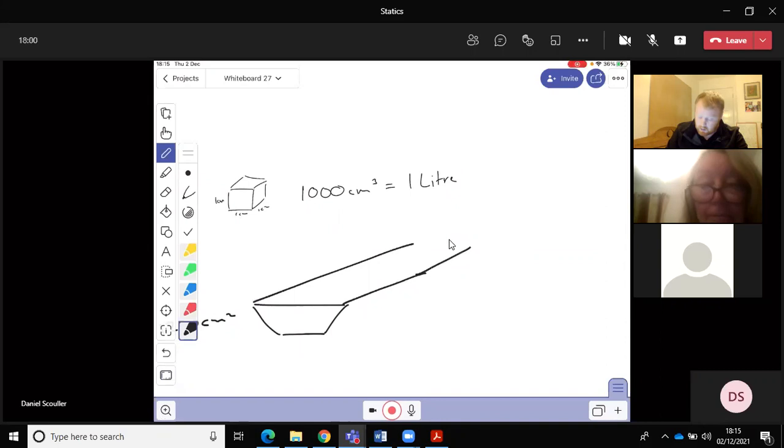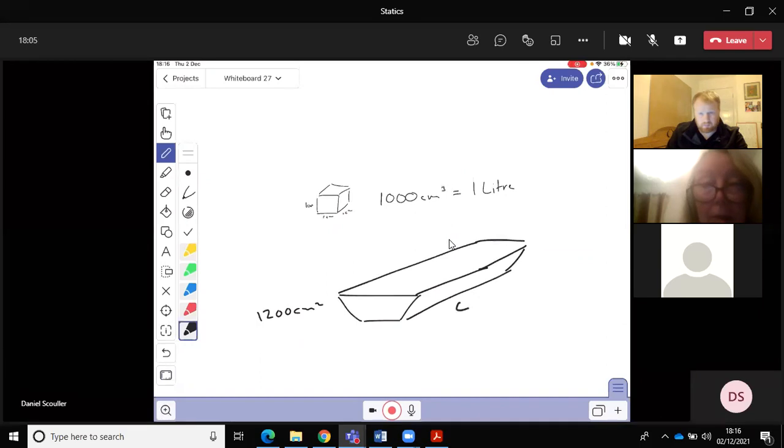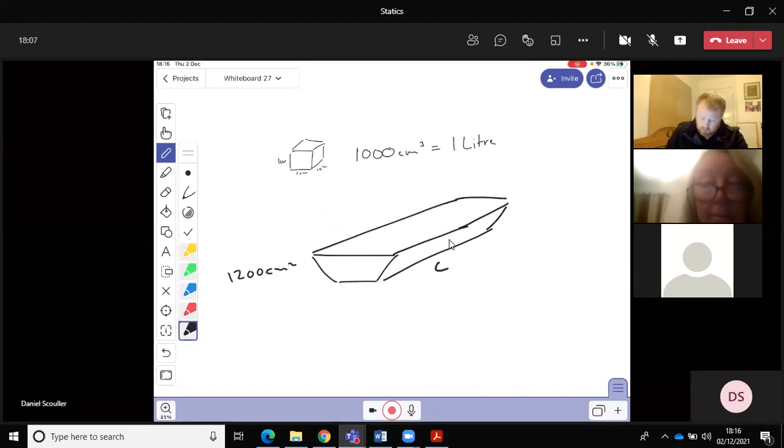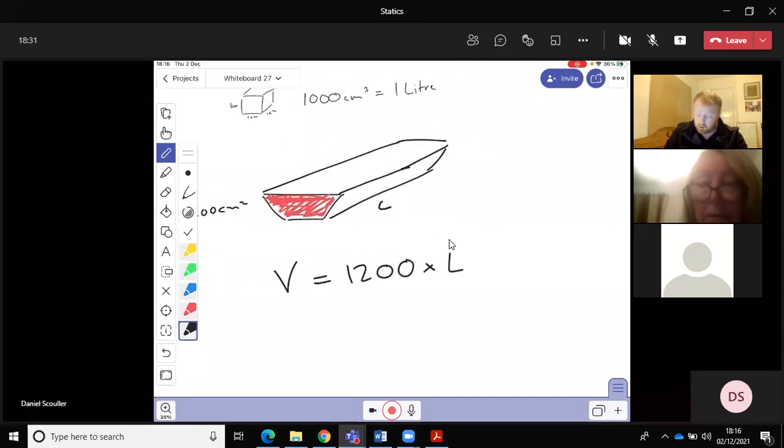The tricky part of it is it's asking for L. A volume is just the cross section, that face there, multiplied by L, and that will give you your volume. So we can write volume of that shape is equal to 1200 multiplied by L, the length. Now we've got the information that the volume is 156 litres.